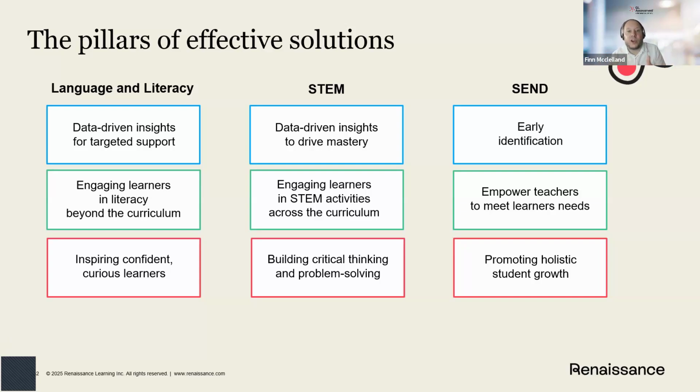CAT4 doesn't just diagnose, it informs actions. Our strategies for learning and teacher guidance build confidence, support independence, and help learners develop those critical thinking, problem solving, and resilience skills across multiple subjects. So, in short, CAT4 helps you to understand your learners better, teach them more effectively, and it ensures every student is challenged and supported in line with their potential.